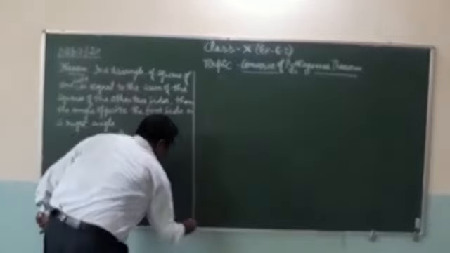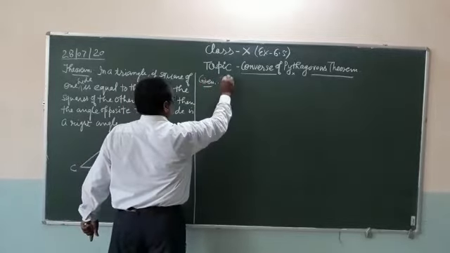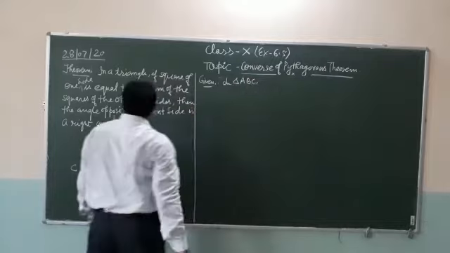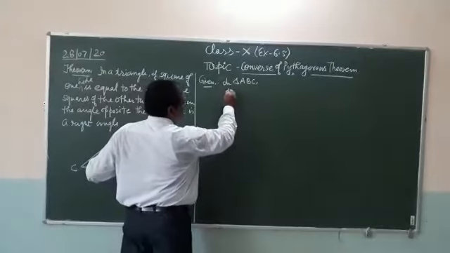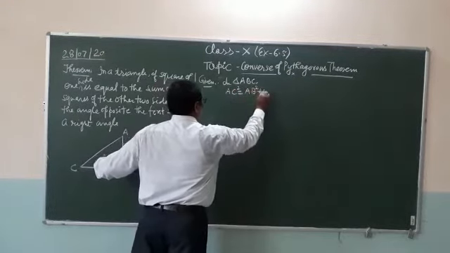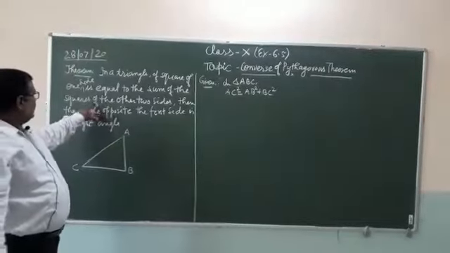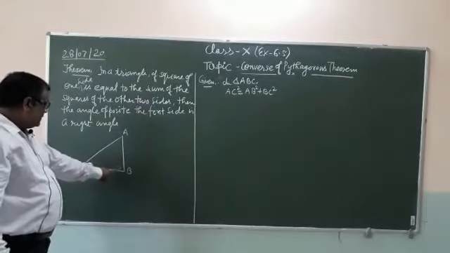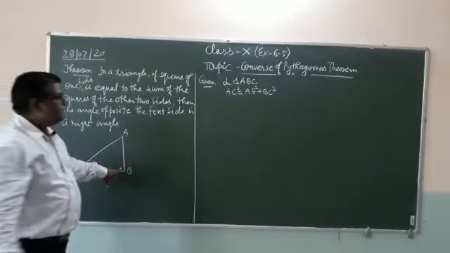Given: in triangle ABC, the square of one side, that is AC square, is equal to AB square plus BC square. And to prove: the angle opposite to the first side, meaning this side, is a right angle. That is, we have to prove angle B is equal to 90 degrees.